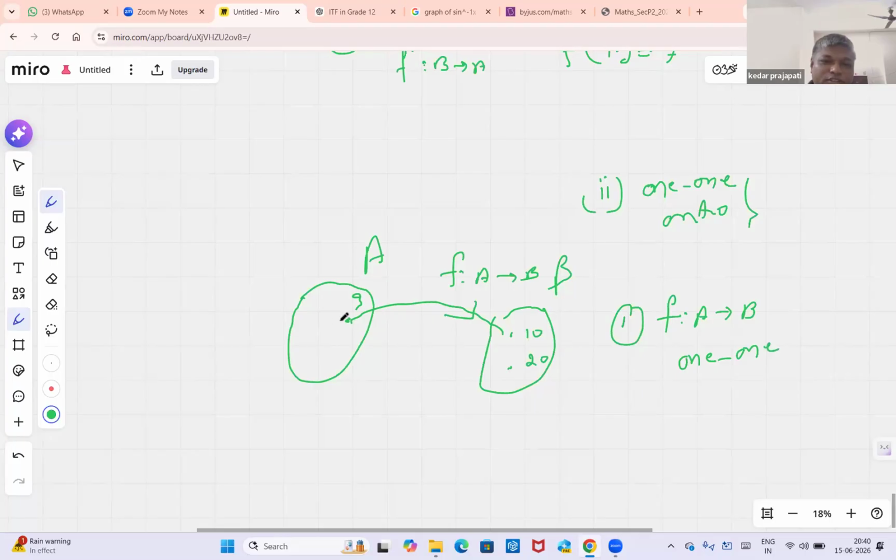So 3 is an element, 3 here. In A, 3 is there. In B, 10 is there, right? Yes, sir. So 1, 1 is completing. Is it onto? No, sir. Why not onto?